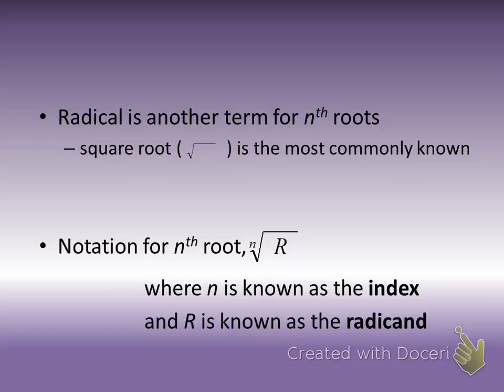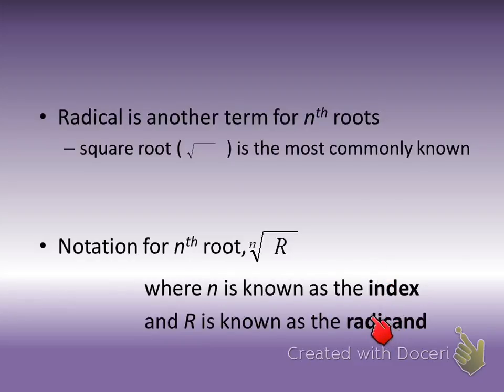Now, the notation. As much as I try not to use technical terms, this is one of those places where I really hammer hard about it, and I honestly don't know why. Make sure you know these two words: the index and the radicand.